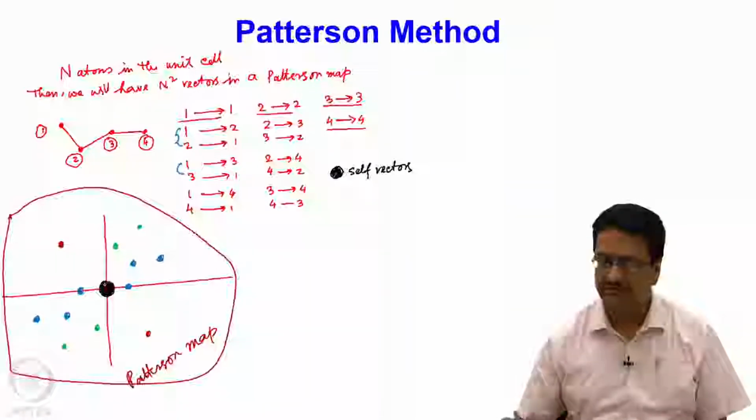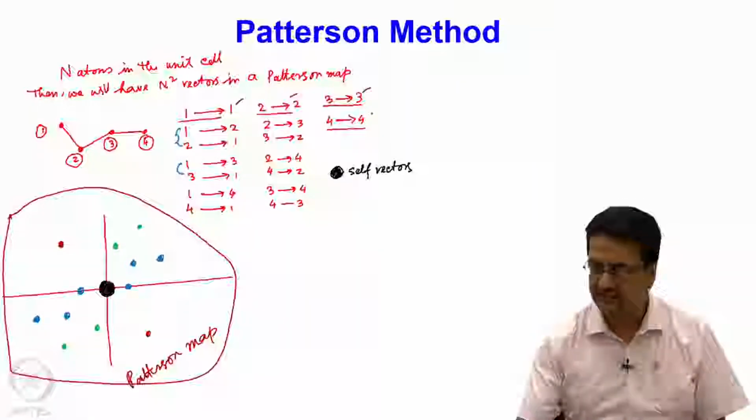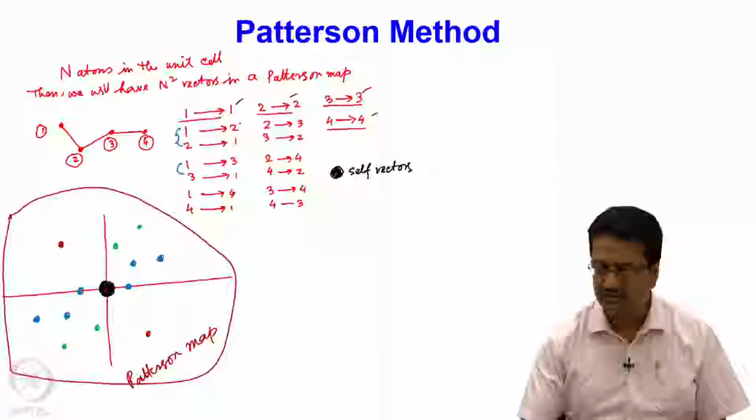How many such peaks have appeared? We have 4 self vectors. So, 4, 5, 6, 7, 8, 9, 10, 11, 12, 13, 14, 15, 16.